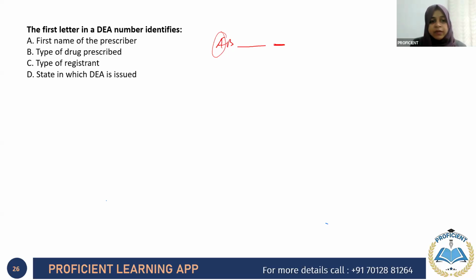Whether he is a normal practitioner, or a defense practitioner, or a nurse with prescribing power, right? So it depends, right? So that is what the first letter indicates: type of registrant.